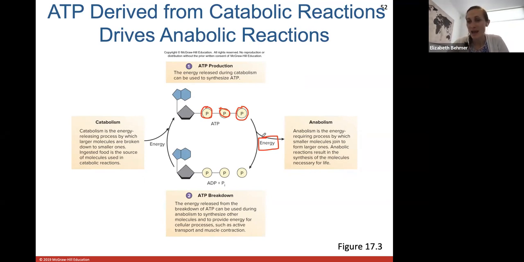And that's called anabolism. It's the energy requiring process by which smaller molecules join to form larger ones, and anabolic reactions result in the synthesis of the molecules necessary for life. And anabolism gets the energy when ATP is broken down. When these bonds between the phosphate groups are broken, that gives off energy, which our body needs to synthesize many of our molecules.